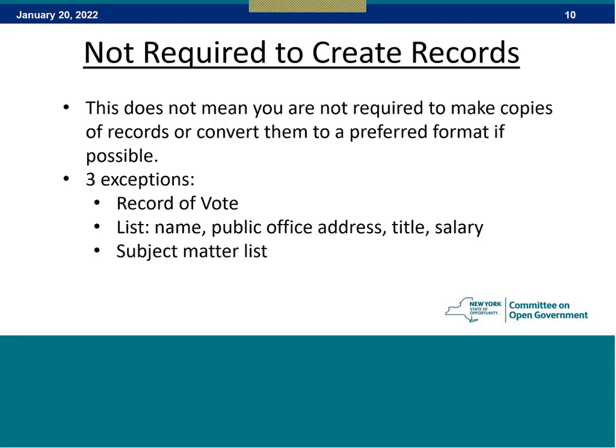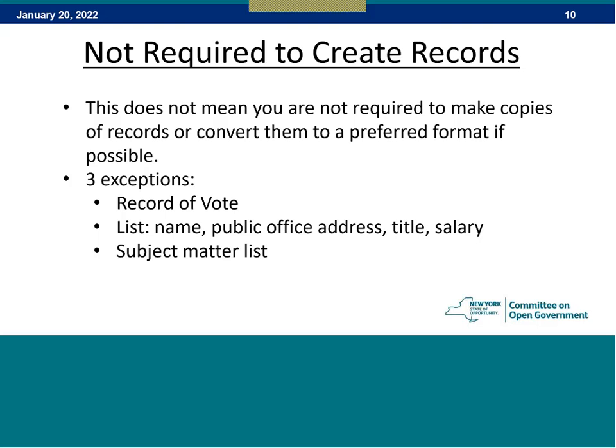There are three exceptions to the rule that an agency is not required to create a record in response to a FOIL request. The first is that every agency is required to create and maintain for availability to the public a record of how each member of a public body votes. You would think this would be contained in the Open Meetings Law, but oddly enough it's not. It's in the Freedom of Information Law. Anytime a public body votes, there has to be some record of how each member voted.